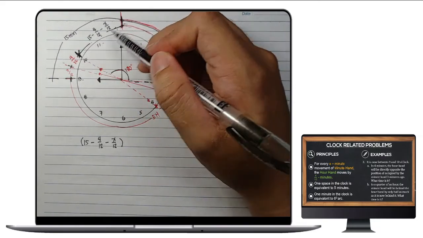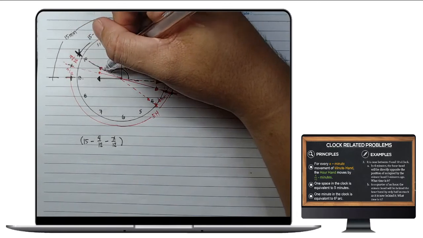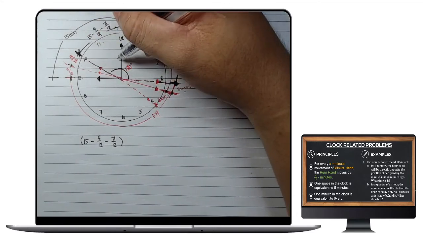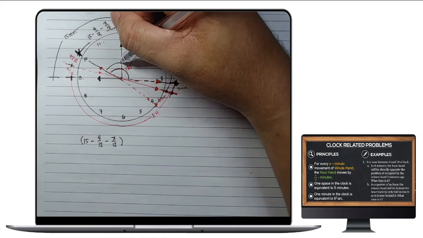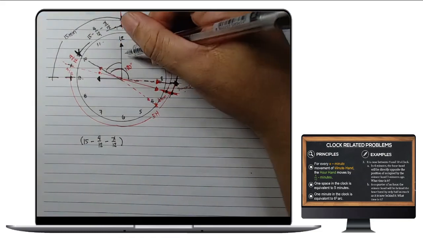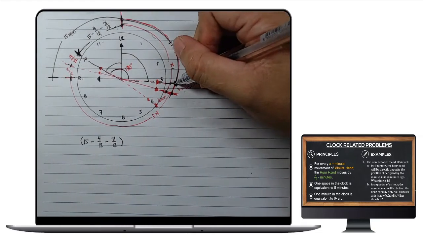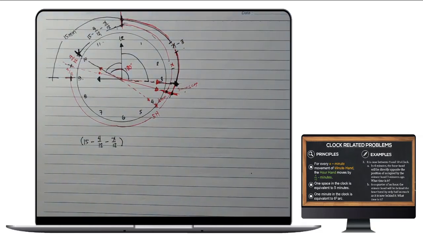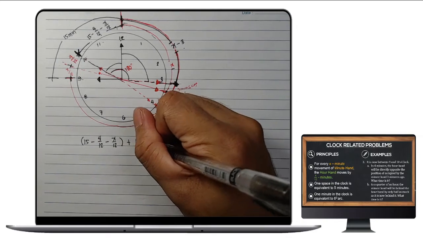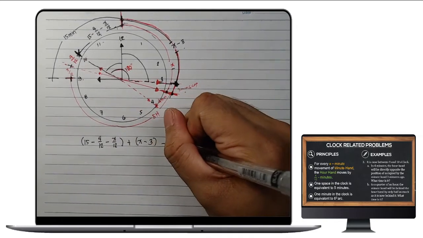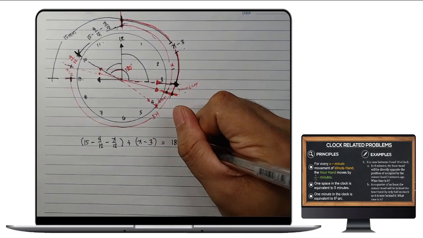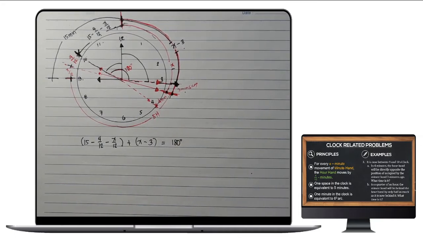So this portion, and from this point going to this point, that is equal to x minus 3. So that is plus x minus 3, equal to 180 degrees, because we know that these are opposite each other.